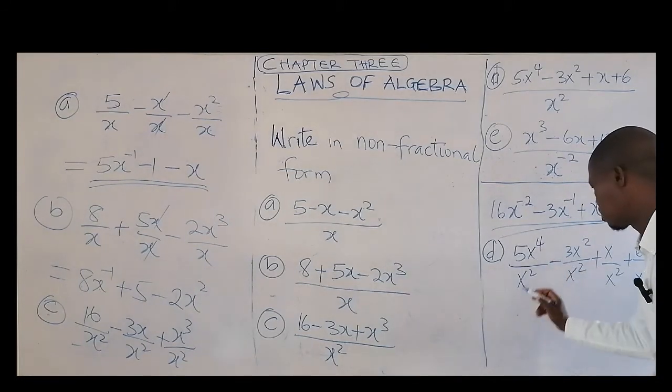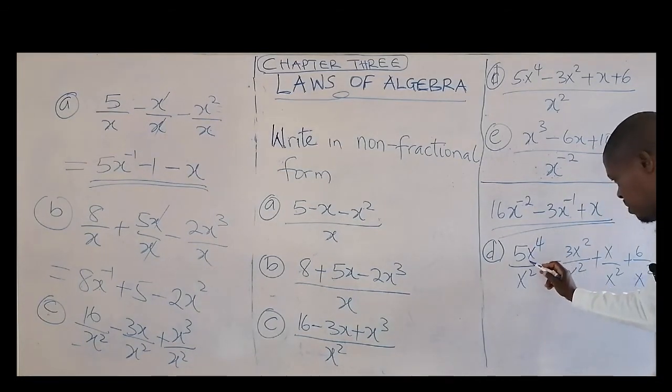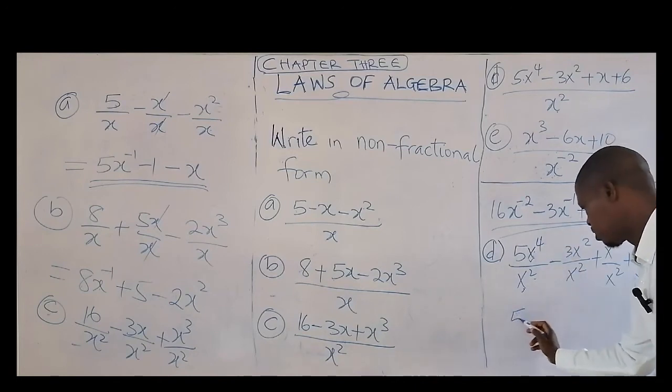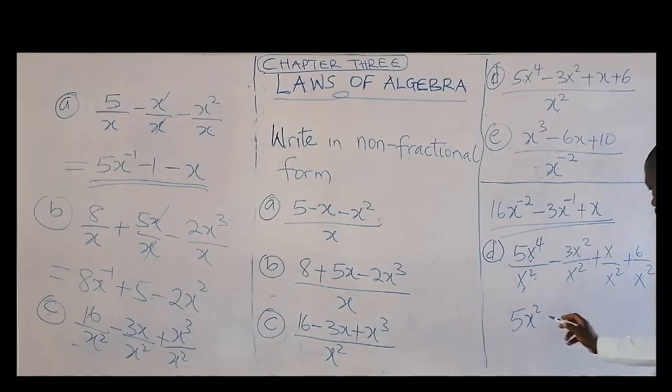This will give us what? They have the same base, so 4 minus 2, that's 5x squared. Then minus, this one we cancel, so minus 3. And this will be 1 over x, plus 6 times x to the power minus 2.